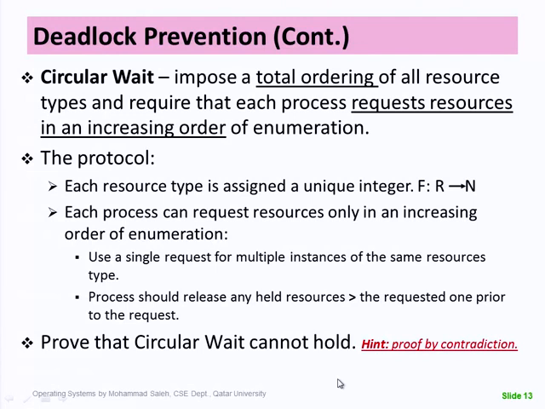But if a process is holding a resource of ID 3, then it cannot request a resource of ID 3 even, 2, 1, right? Or 0 if we started the enumeration at 0. So you request resources in an increasing order compared to the one that you're already holding as a process.